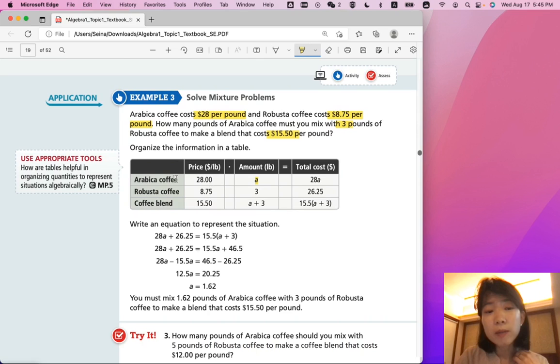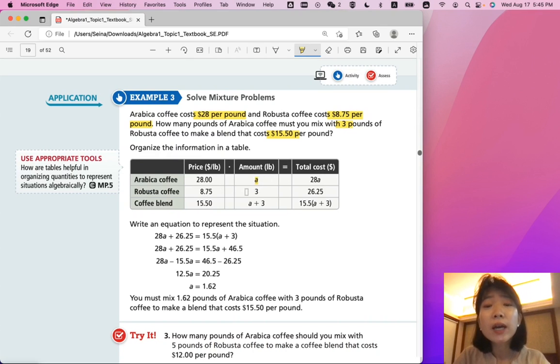So Arabica coffee, Robusta coffee, and coffee blend are shown here. Prices for each: $28 for Arabica, $8.75 for Robusta, and you want to make a coffee blend, like a mixture, that costs $15.5 per pound. The amount for Arabica you don't know because that's what you're trying to get, so that is your variable.